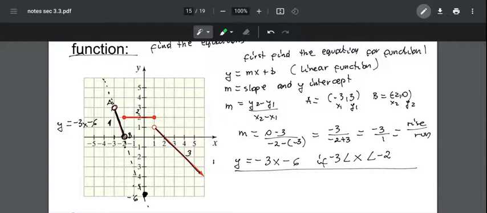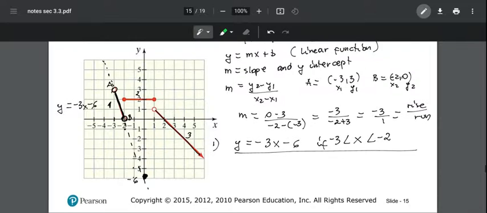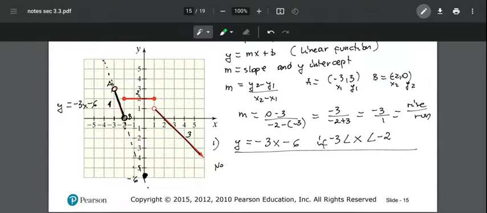Okay, now next we're going to find the equation of function 2. So I'm talking about the equation of this function. So this is a constant function.